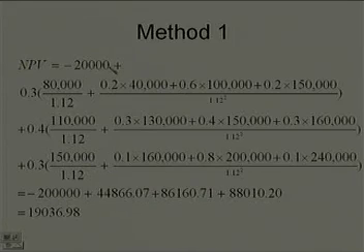Minus 200,000 plus 0.3 multiplied by 80,000 divided by 1.12. I will write it down, it will be more clear to you.